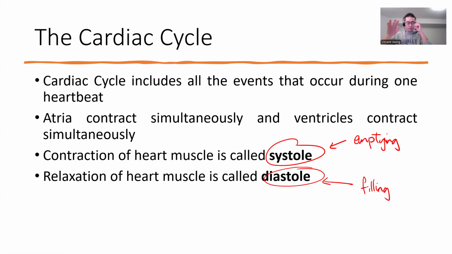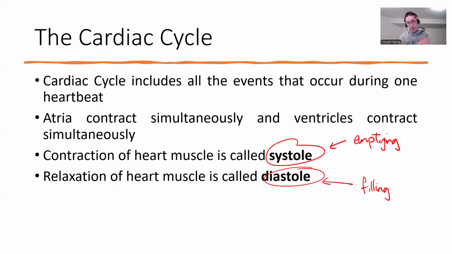Okay? Imagine this, the two atria contract, systole, and it's emptying. Where is the blood emptying into? Well, when the atria contract, the ventricles at the bottom are relaxing, diastole, and filling up with blood.